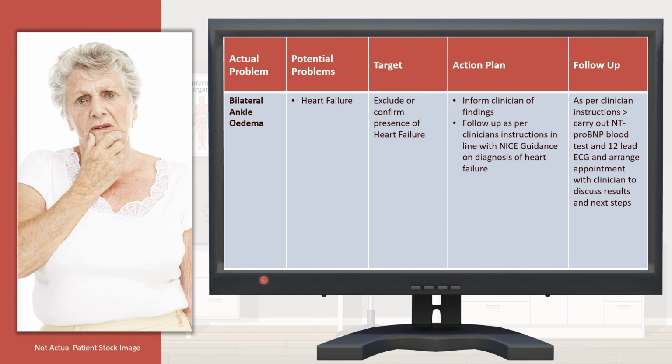And it's almost certain to include a 12-lead ECG. And I don't know how it works in different surgeries, but you might very well be the person who's carrying out these investigations. But the biggie is to also arrange an appointment with the clinician to discuss the results and then the next steps.